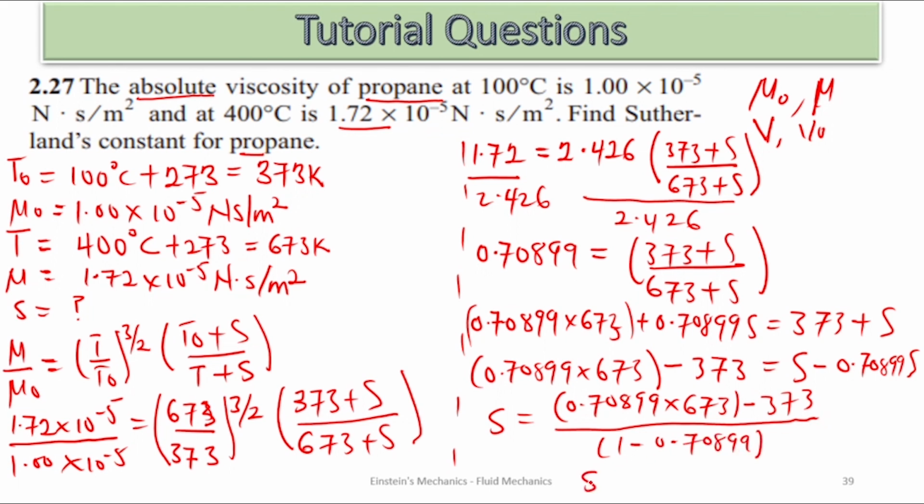And when you punch this, your S, Sutherland's constant for propane, is 358 from here. But on tables, you will get it as what? 360 Kelvin. There we go.